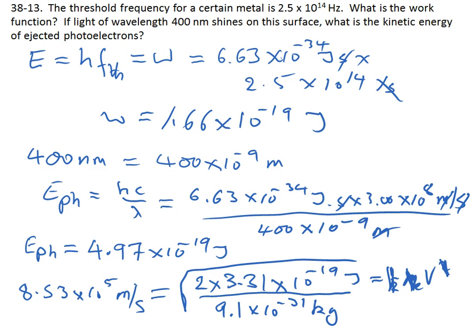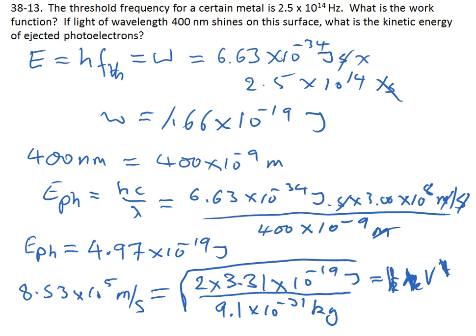And we're done. I suppose I should just explain that a joule is a kilogram meter squared per second squared, so the joules and the kilograms cancel to give meters squared per second squared, which when square rooted gives meters per second.